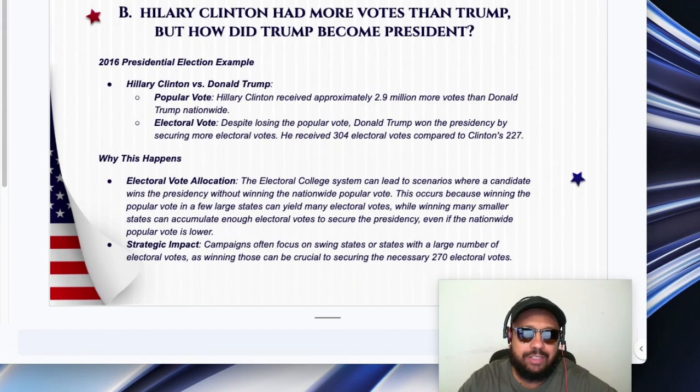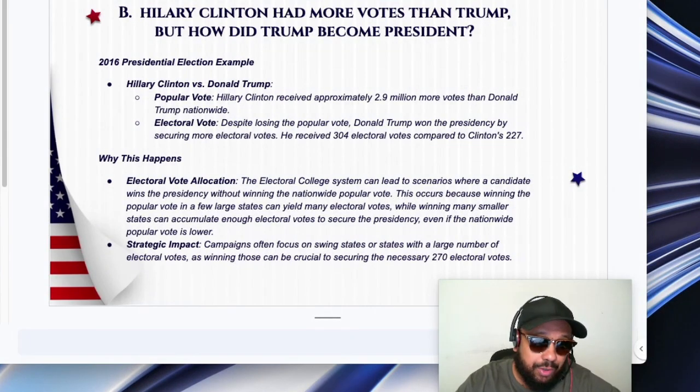When Hillary Clinton was running for president, she won the popular vote. She was running against Donald Trump, and Hillary Clinton received approximately 2.9 million more votes than Donald Trump nationwide.